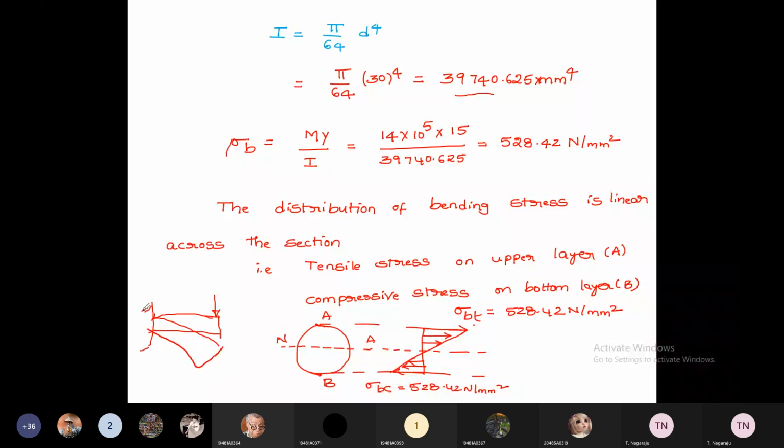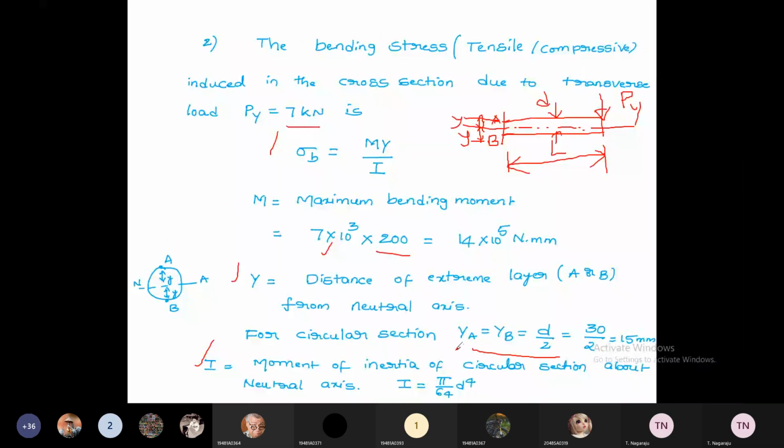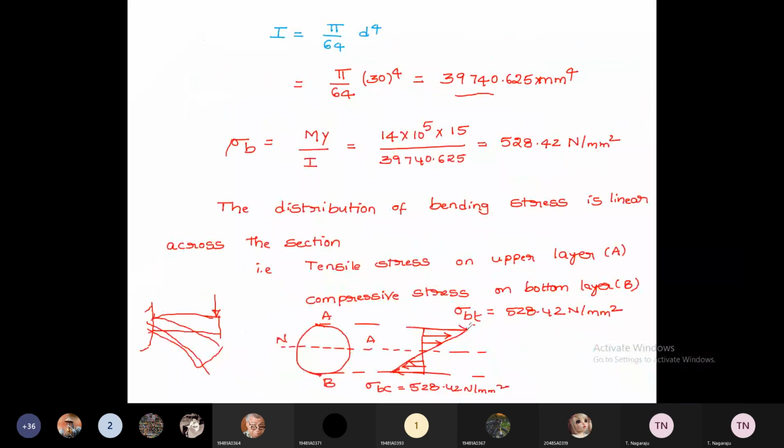The layers on the topmost side are subjected to tensile stresses. Layers below the neutral axis are subjected to compressive stresses. The values are the same because Ya is equal to Yb, so the tensile and compressive bending stresses are both the same.